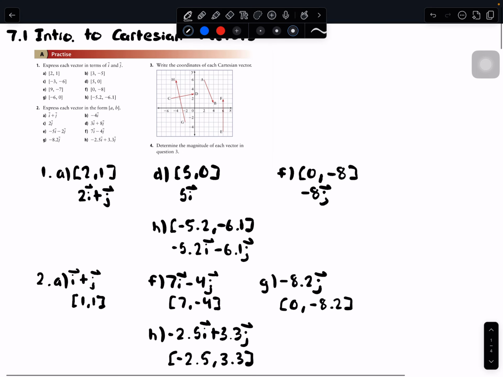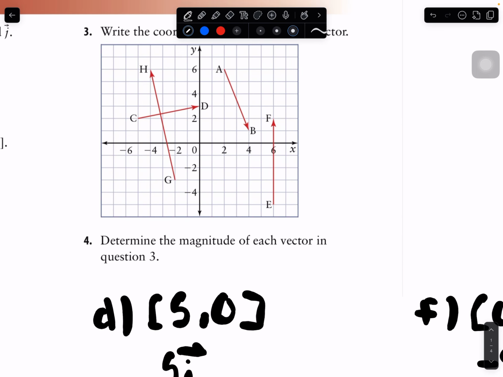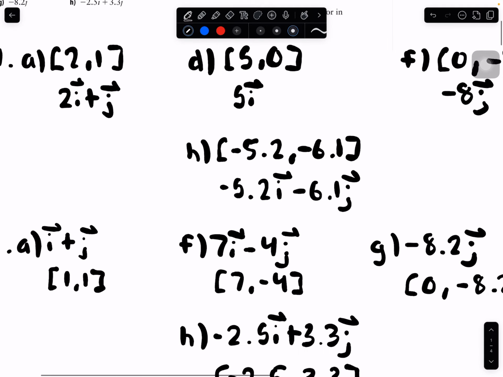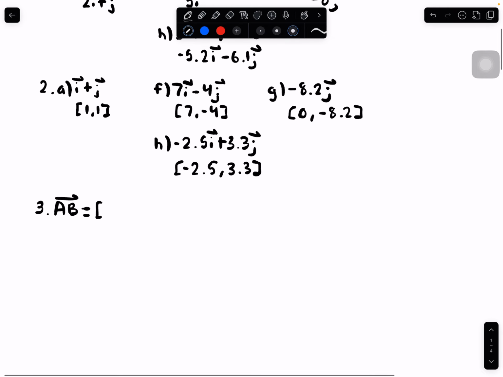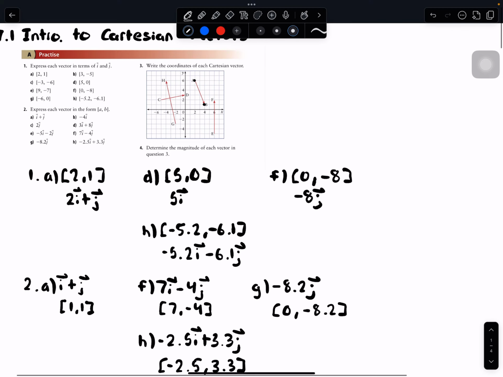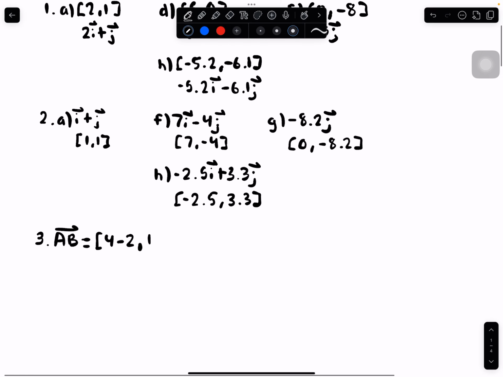Okay, so we're pretty much going to subtract the coordinates we have at A from B. So let's subtract x values first. That's going to be 4 minus 2. And then we have, for the y values, 1 minus 6. Which is 2, negative 5.